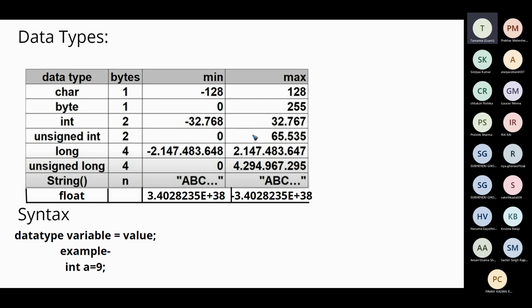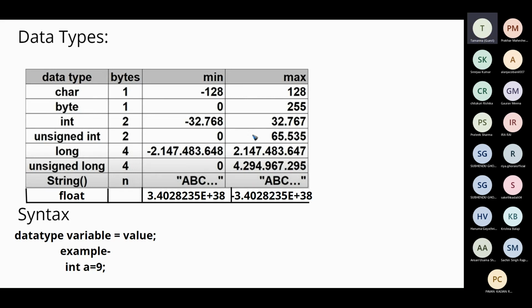Then there's long. It takes up more space. That's why we can store a larger range of numbers as compared to int or unsigned int. Then there's unsigned long, which is the same as long, but we can't store negative values. Its range is between 0 to 429.